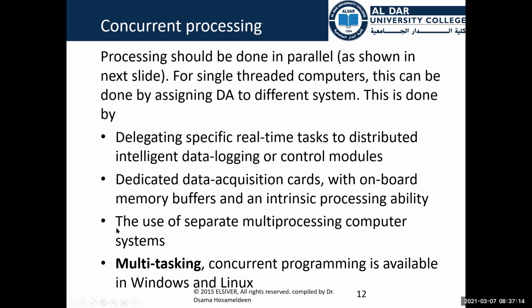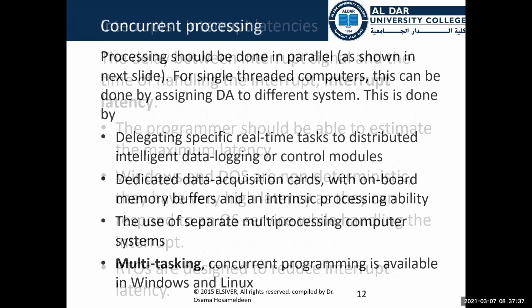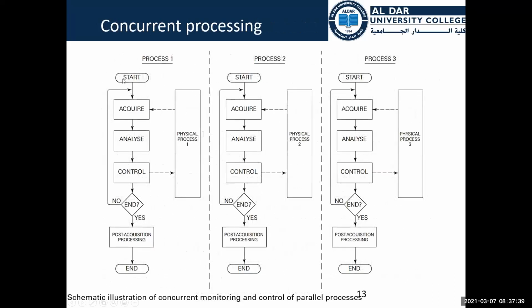The third solution is use of a separate multi-processing computer system. This is different from the first one. This is a multi-processing computer system, meaning we have multiple processors on the same computer. So if we have process 1, this is assigned to processor number 1.